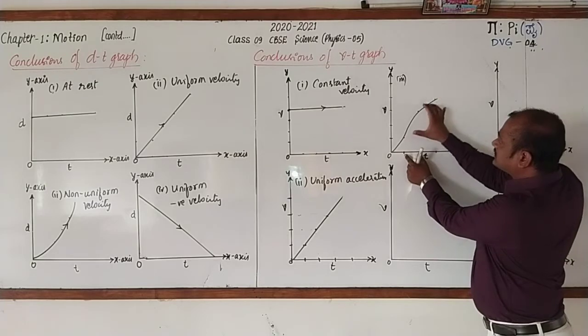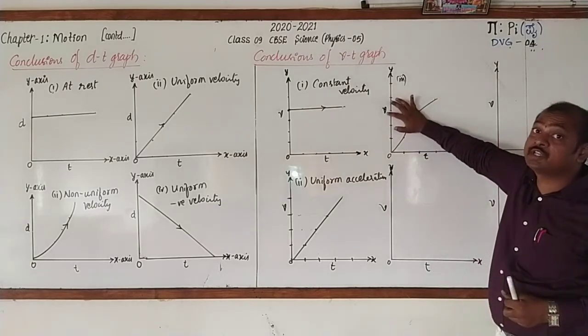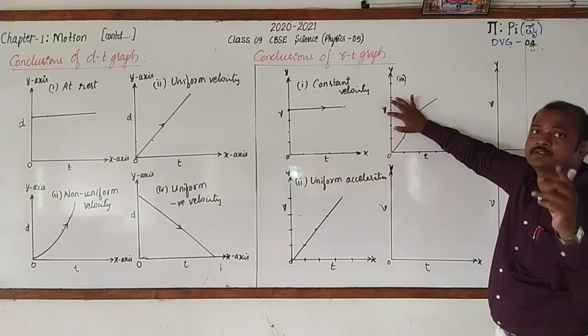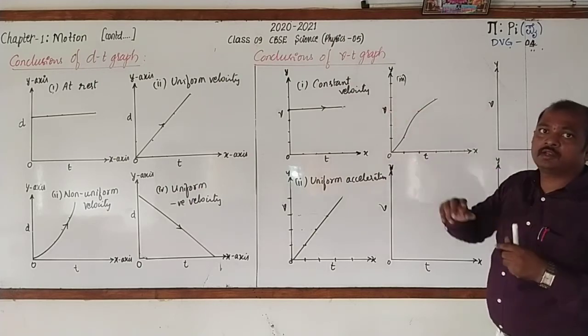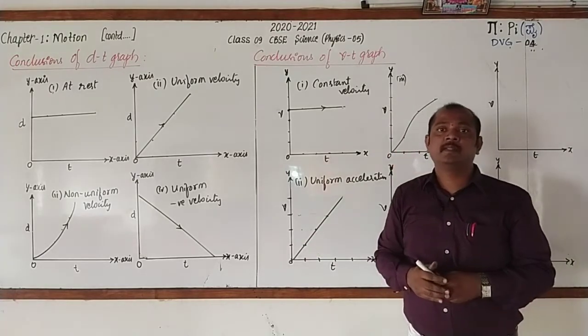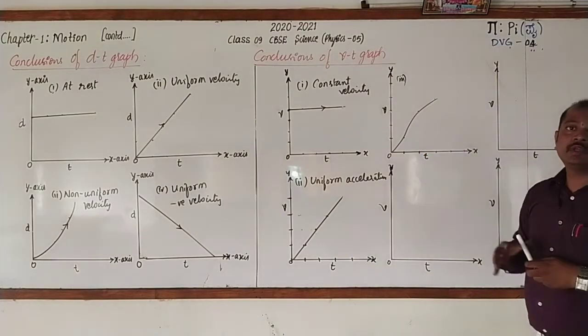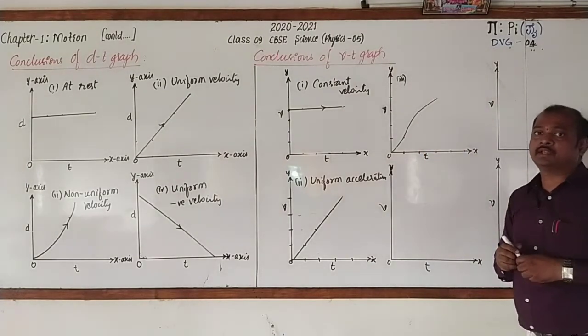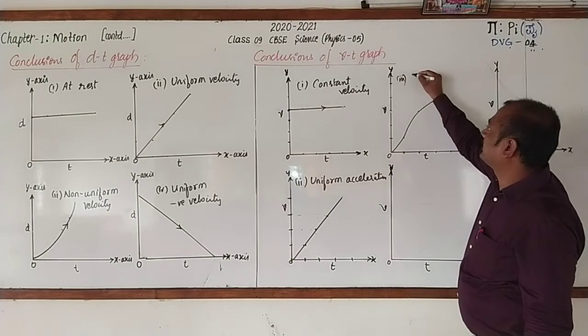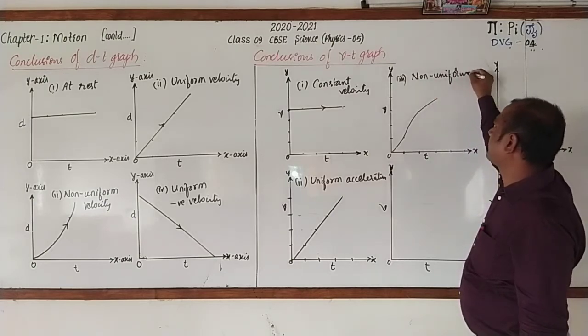Whereas in next 1 second, it has changed its velocity from 2 to 6. That means the change in velocity is 4 meter per second. Here the change in velocity is being changed continuously. Hence we can say that the body is moving with non-uniform acceleration. So here I'll write non-uniform acceleration.